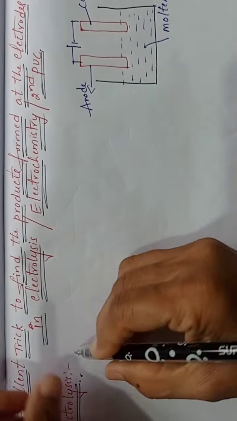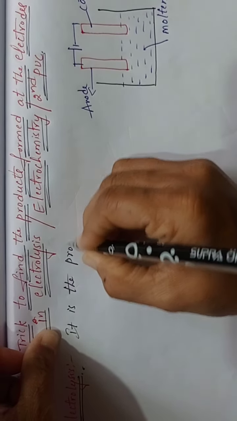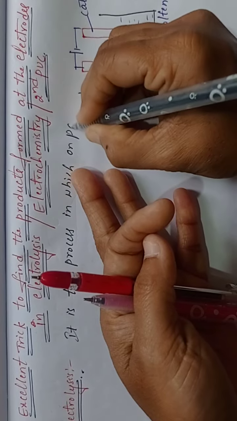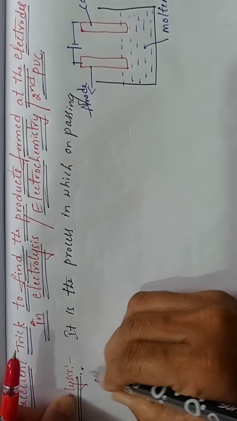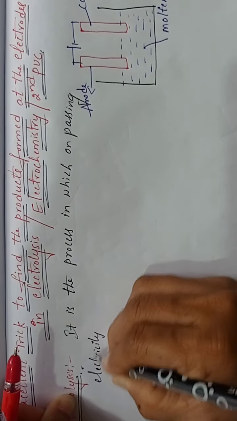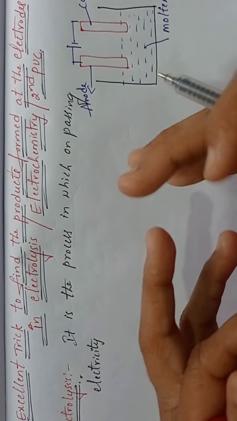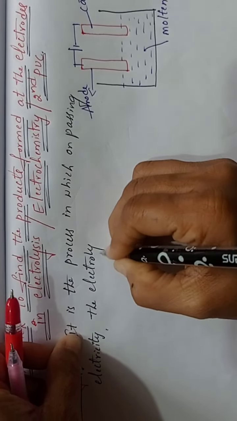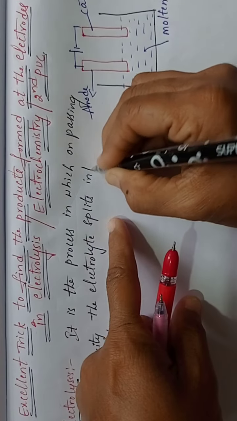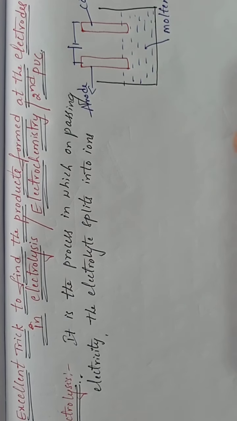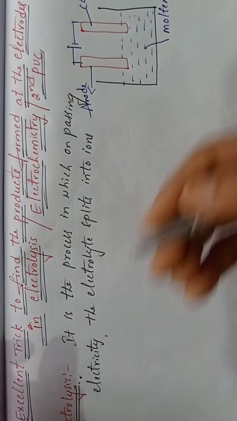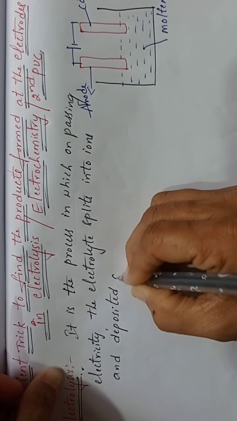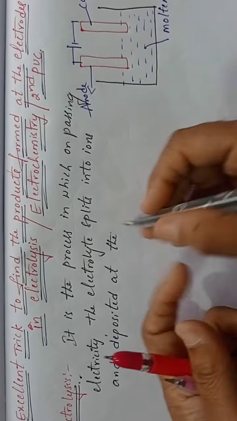Electrolysis is the process in which, on passing electricity, the electrolyte splits into ions and these ions are deposited at the opposite electrodes.